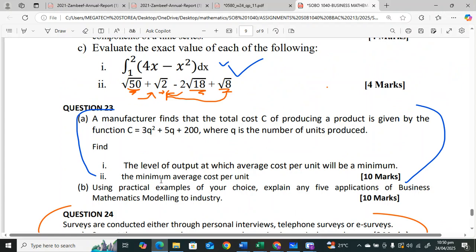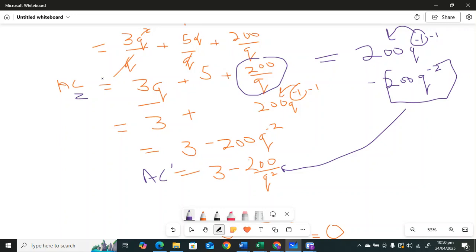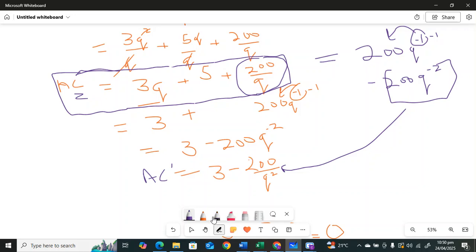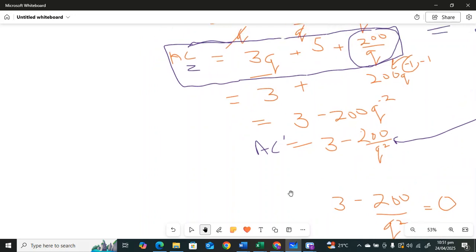Next, we need to find the minimum average cost per unit. So we come back to our average cost function here. Since we found the value of q, we just substitute.